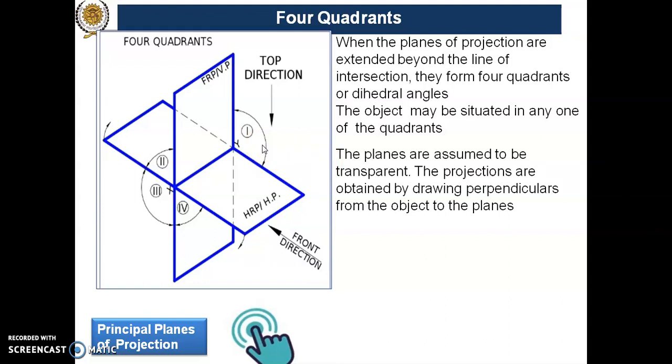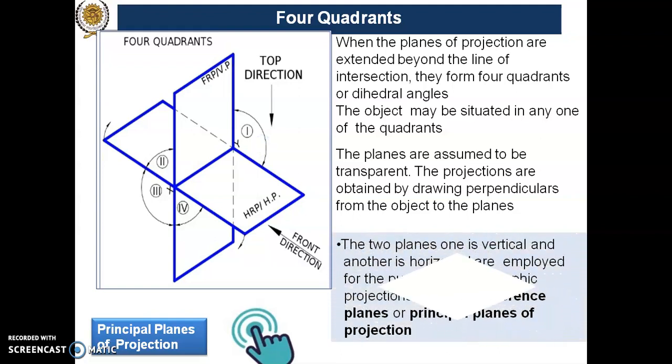The projections are obtained by drawing perpendiculars from the object to the planes. And the two planes, one vertical and another horizontal, are employed for the purpose of orthographic projections and are called reference planes or principal planes of projection.